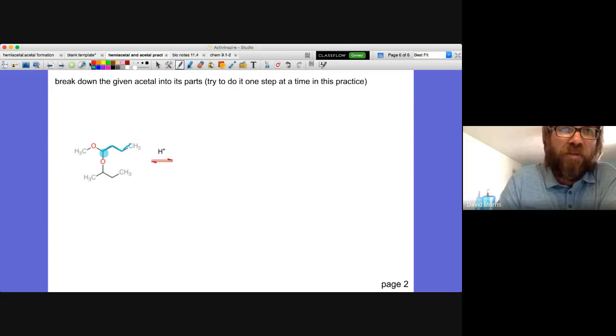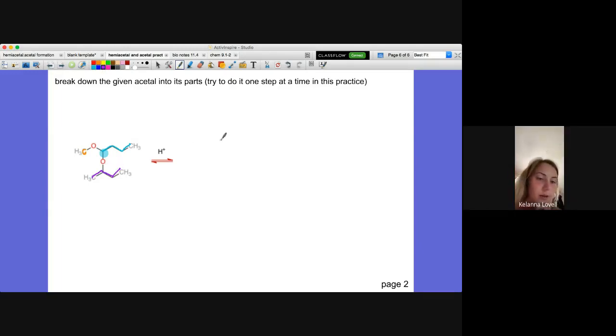I also know that every other carbon is going to be part of an alcohol. So this is 1 carbon. That's going to be a methanol. This is 1, 2, 3, 4 carbons, that's going to be a 2-butanol, or a sec-butyl alcohol, however you want to call it. But which one do you guys want to remove first? The methanol or the butanol? Because it really doesn't matter.